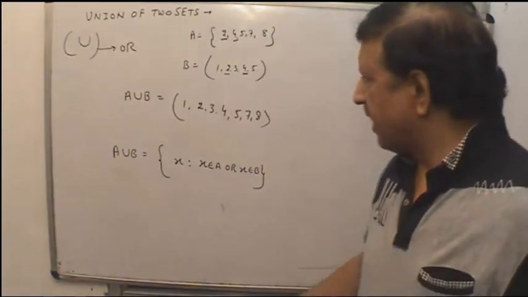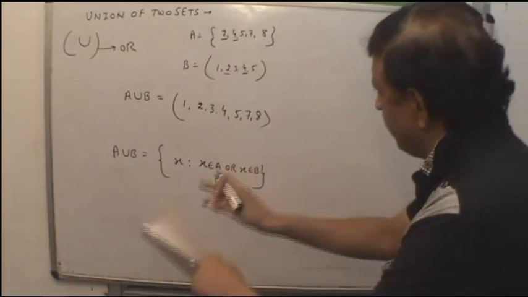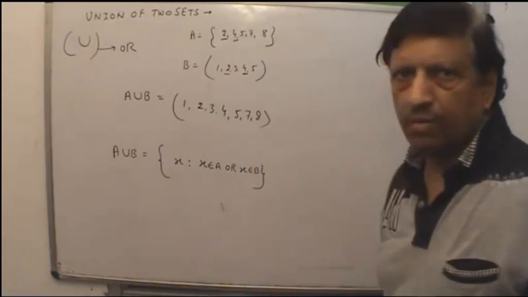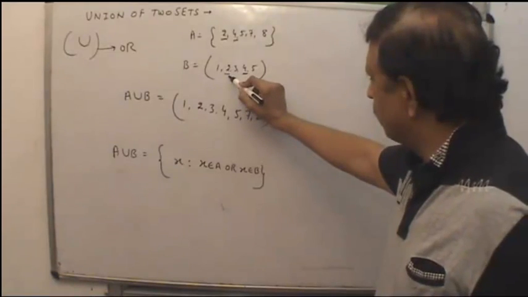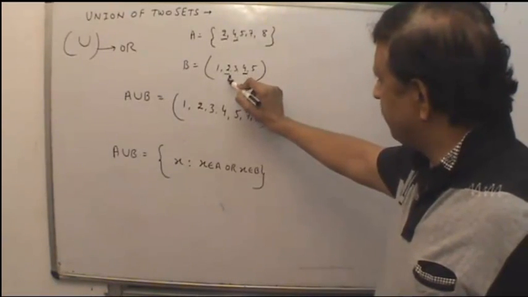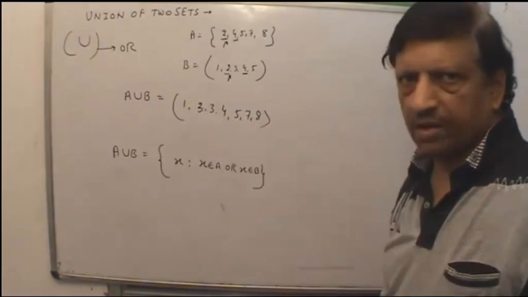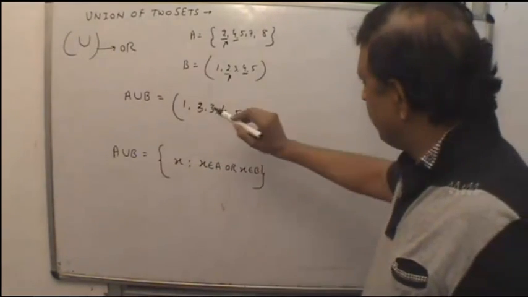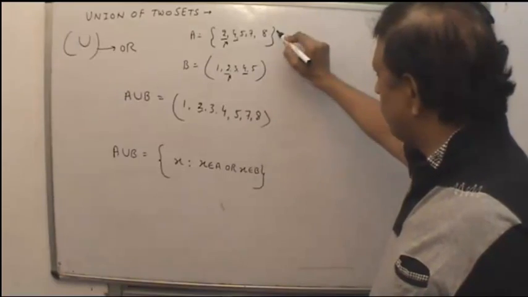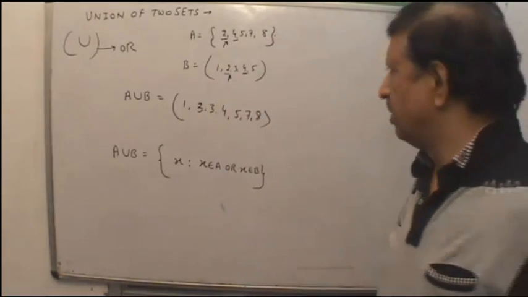It means the element will belong to A or B. Here 2 is also here, but it is only a single 2. So it belongs to this or to this.